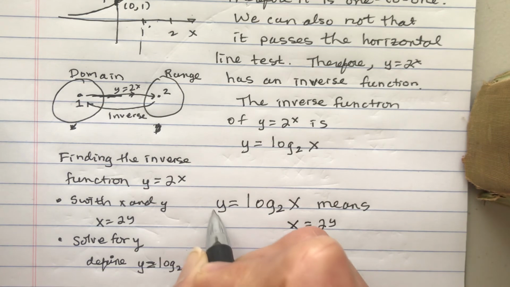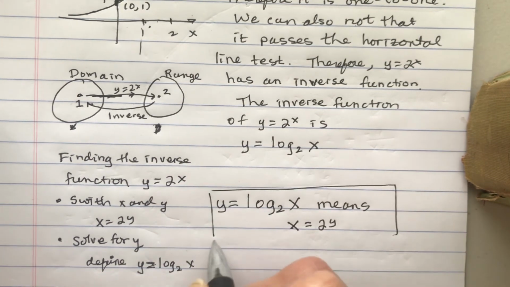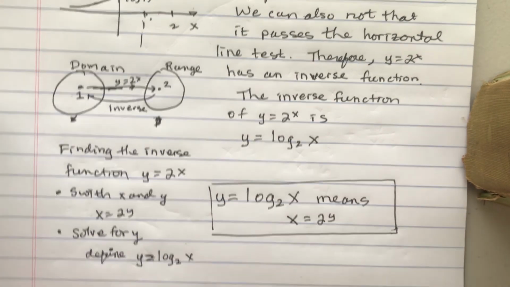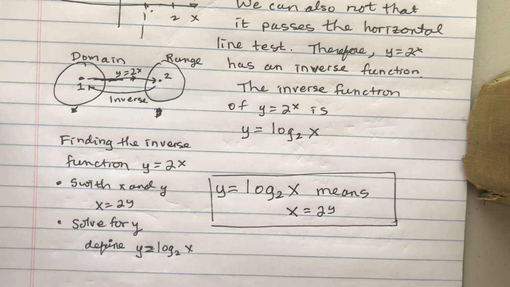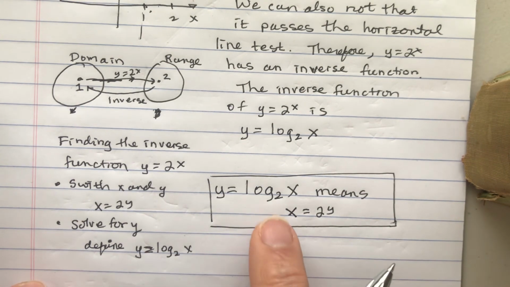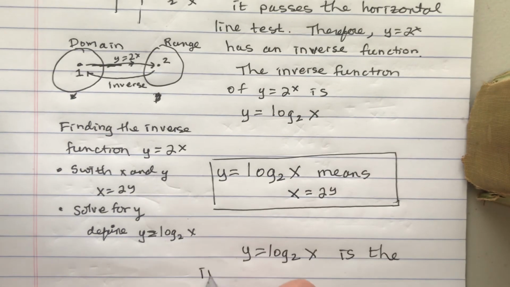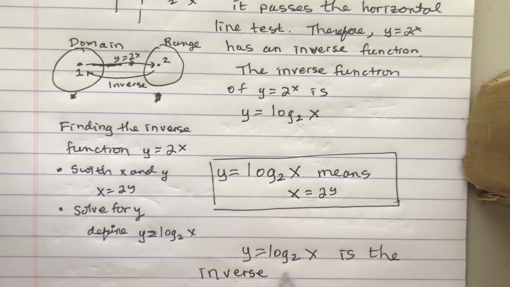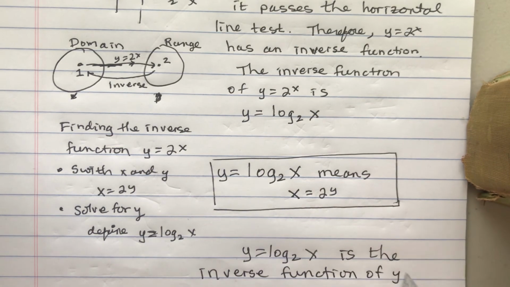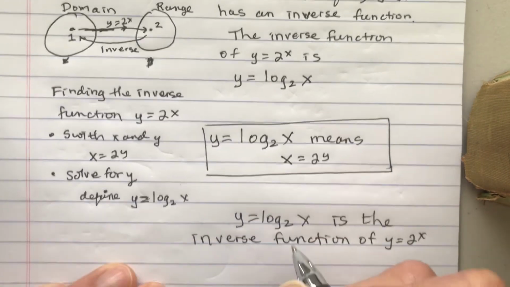Those are the same thing. And that's how we can define logarithm. Logarithm is the inverse. Log base 2 of x is the inverse function of y equals 2 to the x.